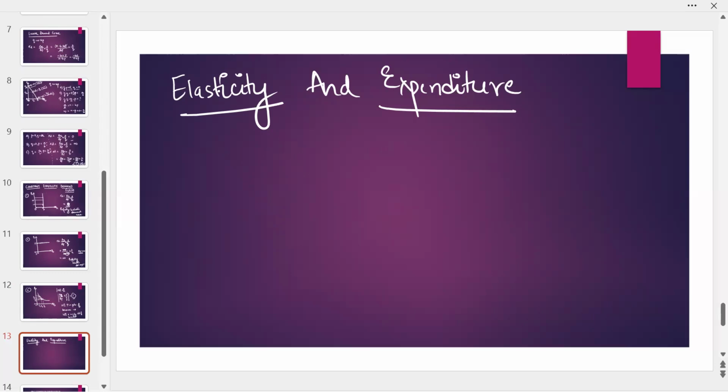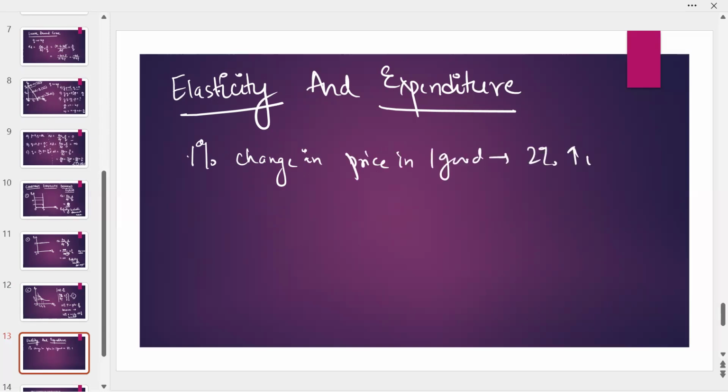Also, we see that the impact of the price change is different on the quantity demanded, right? So if there's a 1% change in price in one of the commodities, in one good, it leads to a 2% decrease in quantity demanded of good one.